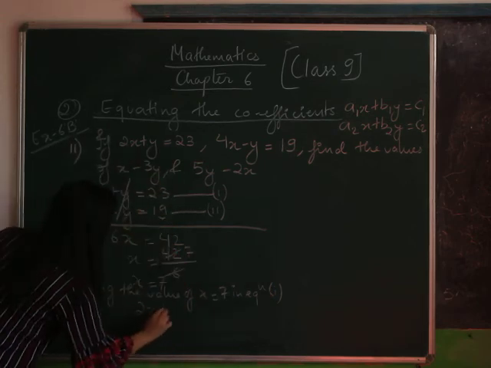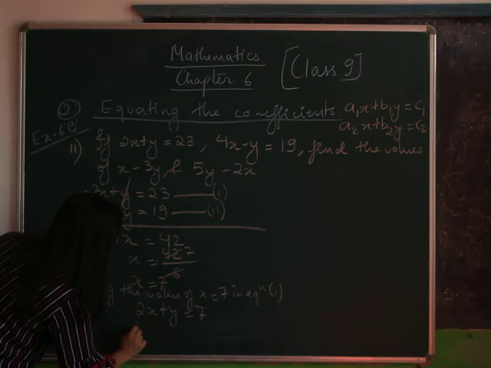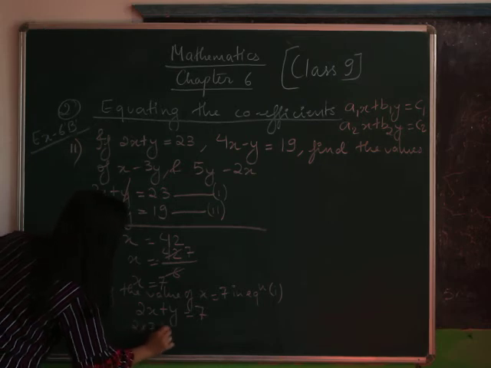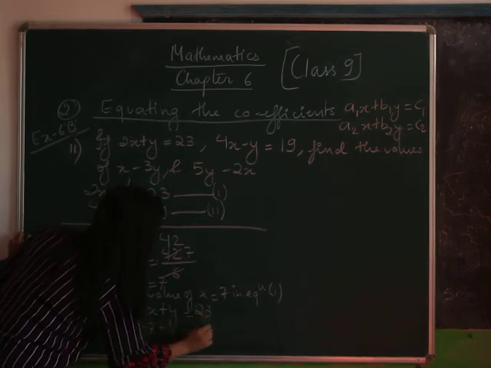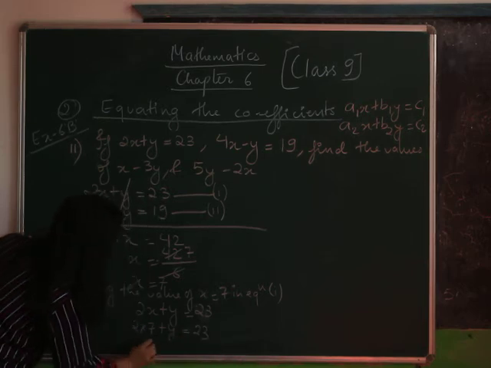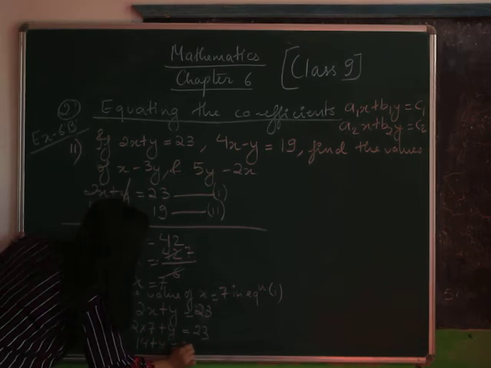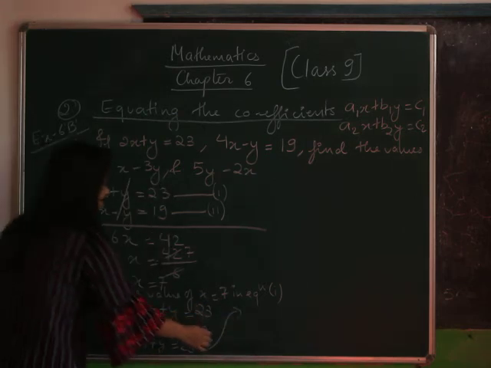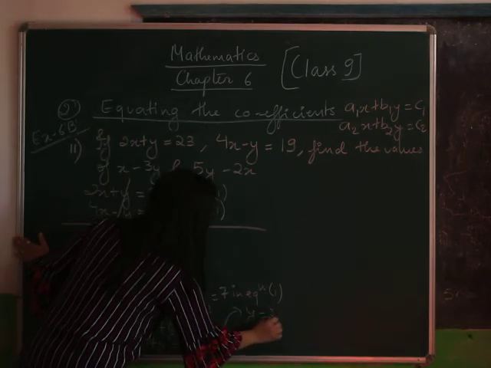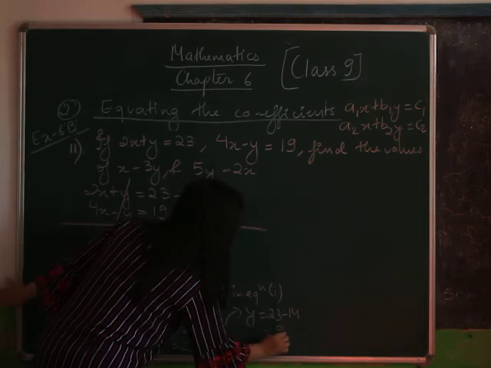So you have 2x plus y is equal to 23. Instead of x, you write 7: 2 into 7 plus y is equal to 23. So 14 plus y is equal to 23. From here, 14 goes to the other side, so y is equal to 23 minus 14, which is equal to 9.